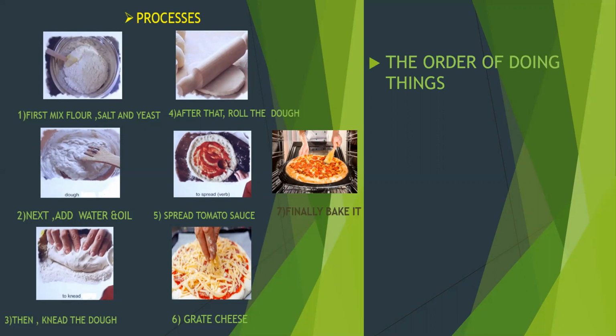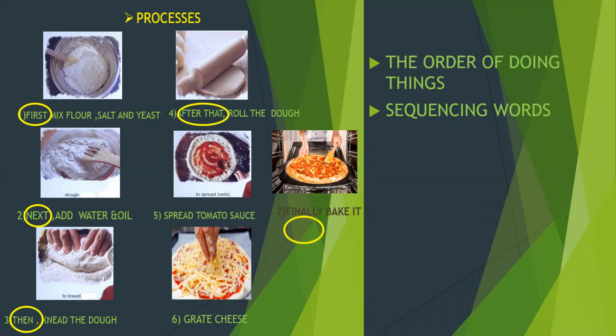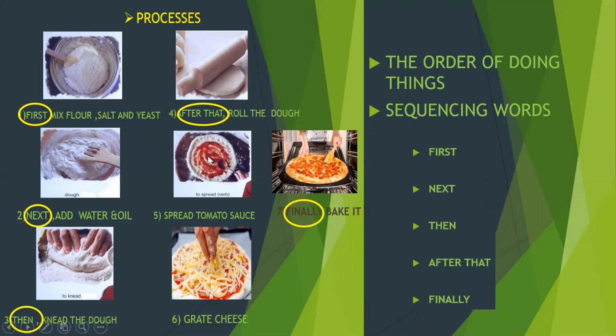What helps us organize these steps, these sentences? Sequencing words. What are they? First, next, then, after that, and finally. Yes, here we go. And which one comes first? First is always number one.